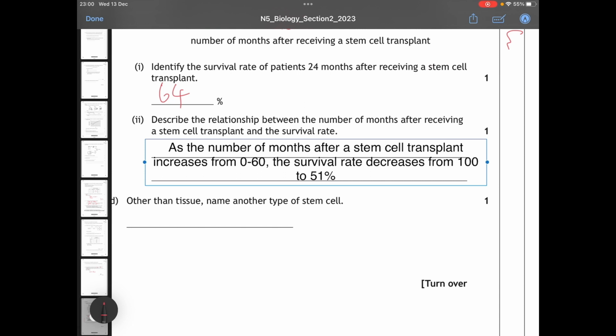So I'll smooth that down so you can see it. Okay, so as the number of months after a stem cell transplant increases from 0 to 60, and notice there's no units for that, just 0 to 60 months obviously, the survival rate decreases from 100 to 51%.